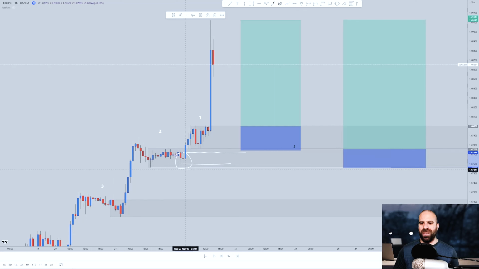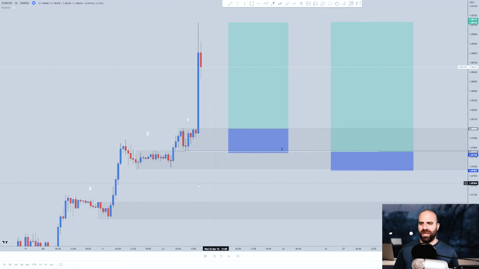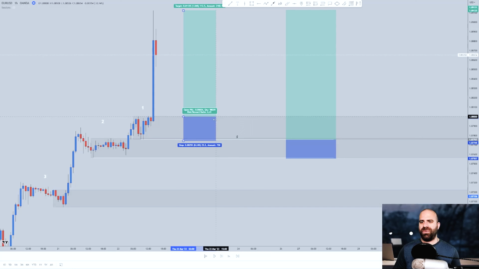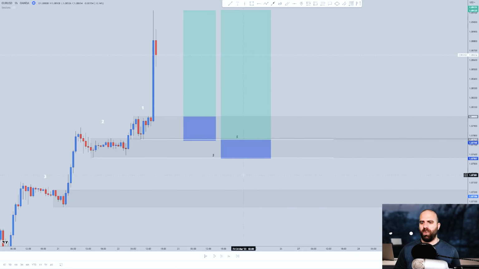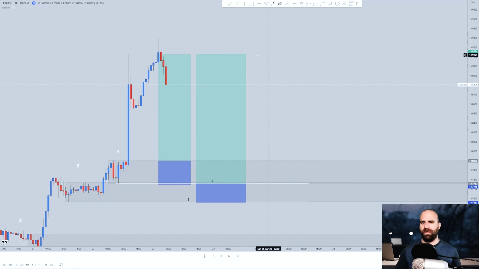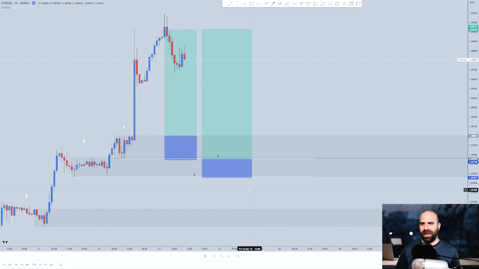Because this is not the lowest point of grab of liquidity. We want it to be the lowest point of grab of liquidity, plus we want it to be untested. This one was tested by this one. Okay, plus if you tell yourselves the story, this is another very apparent place where traders are gonna be placing their trades. Let's move on and see how price manipulated even more people inside these areas.